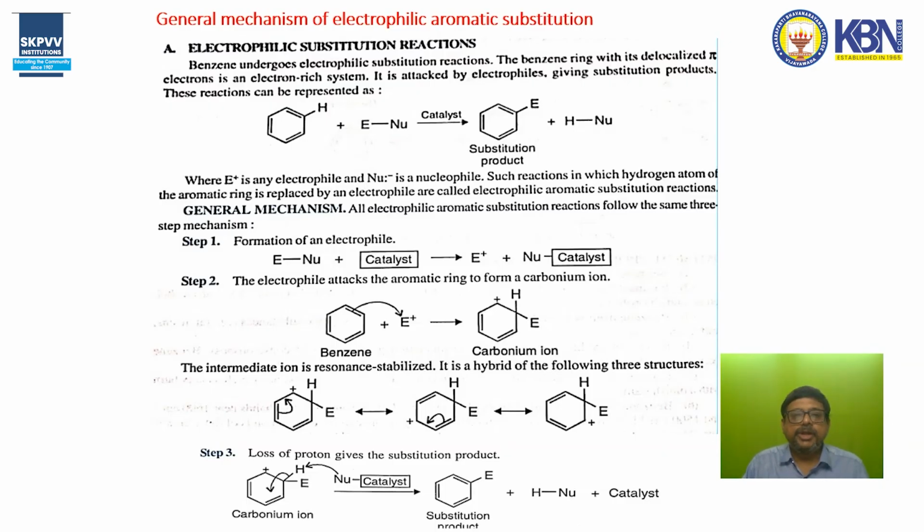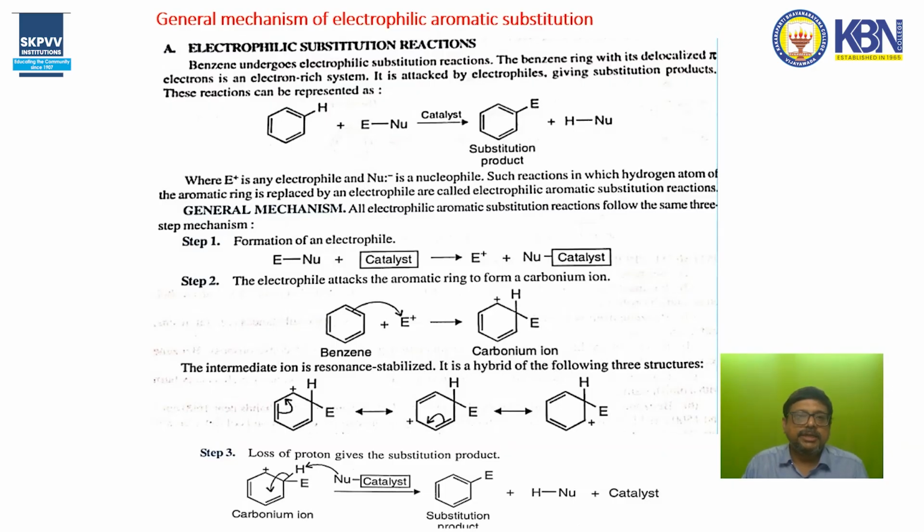Electrophilic substitution reactions in benzene. In benzene, each carbon atom undergoes sp2 hybridization. So the benzene ring with its delocalized pi electrons is an electron rich system, so it is attacked by electrophiles giving substitution products.